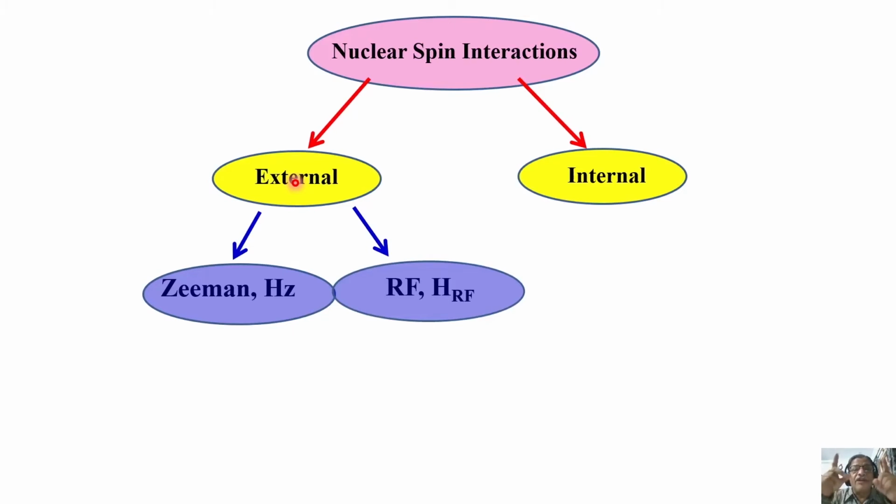You take any molecule of your interest, within the molecule there are several other internal interactions. These internal interactions also we have to understand. So far we have not discussed any of them. Then the question is, what are these internal interactions?